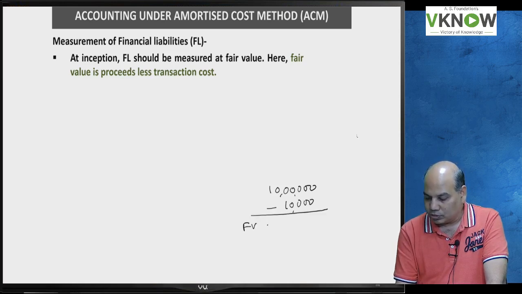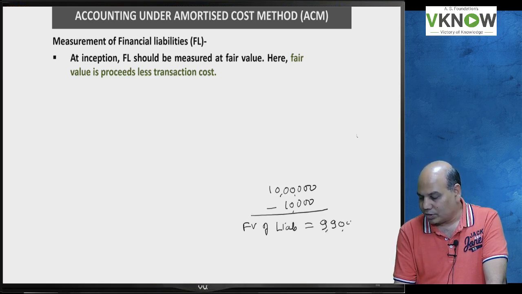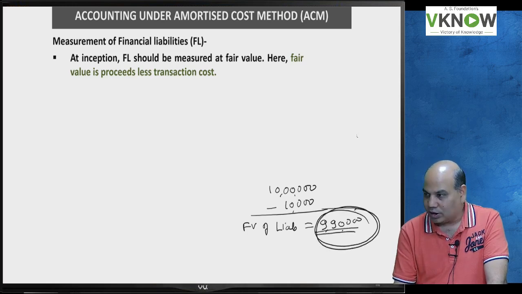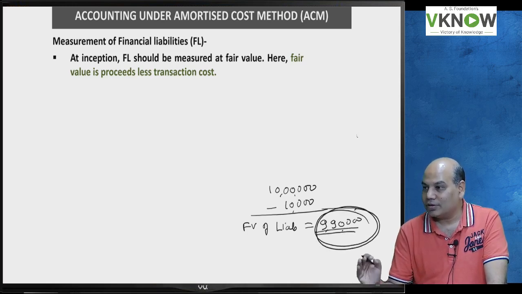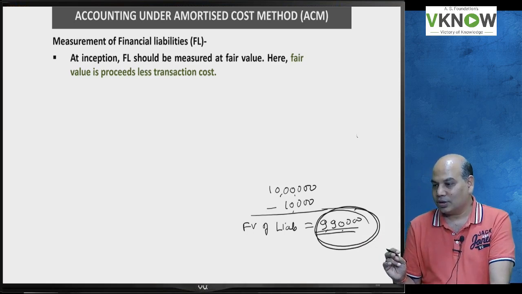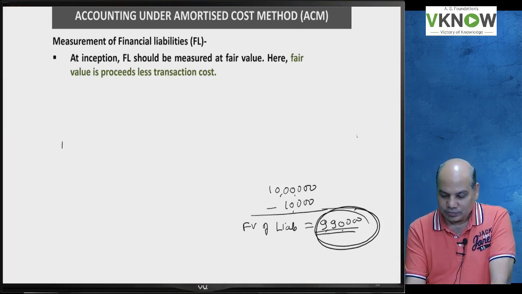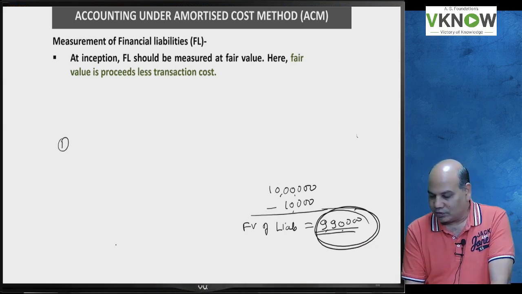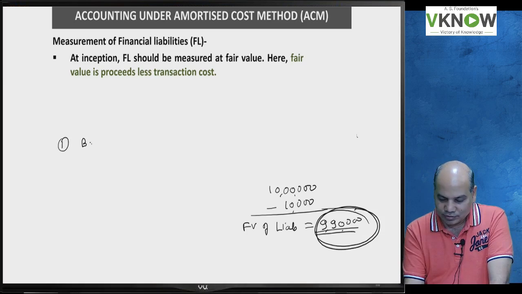So fair value of liability will be 9,90,000. So you are going to record a liability at 9,90,000.